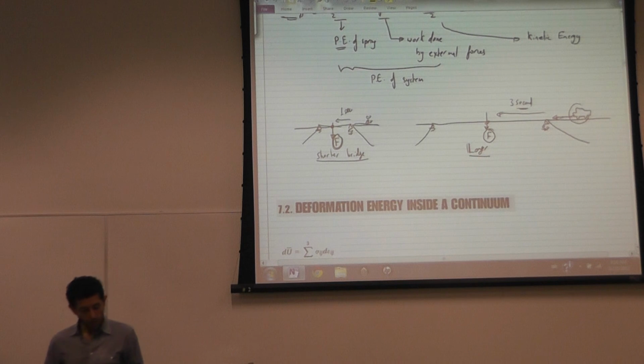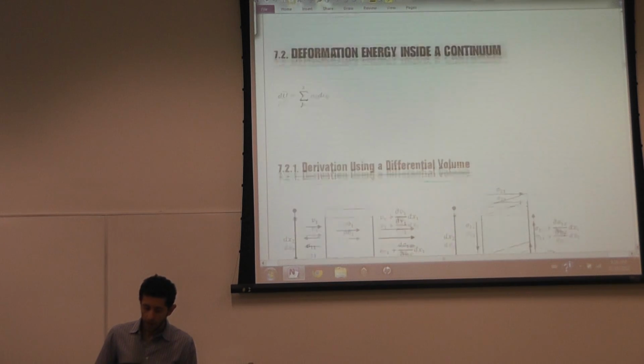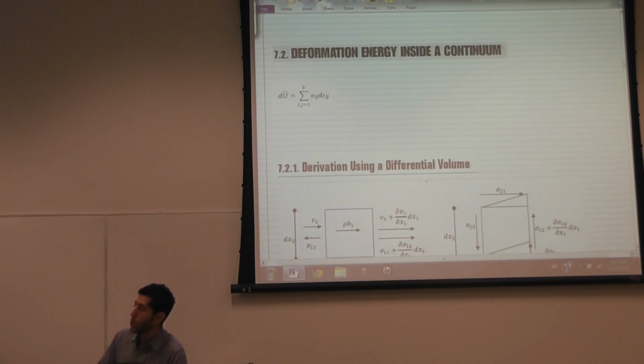In the next section, we're going to go through a formula manipulation to show that the internal energy during the deformation of a small cube, as this cube deforms, the internal energy stored inside that cube is equivalent to kx dx in a spring.